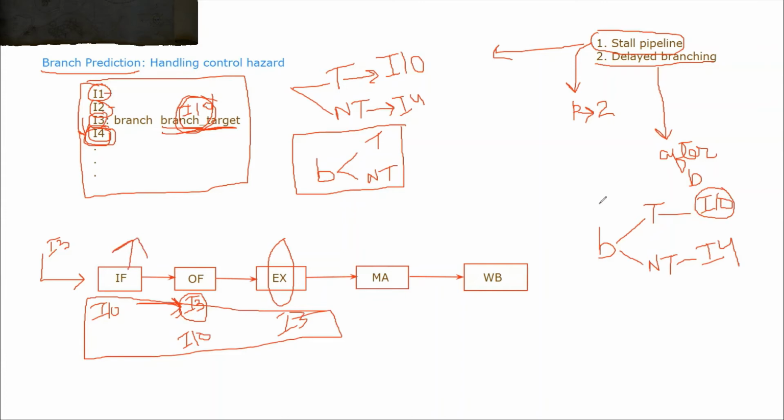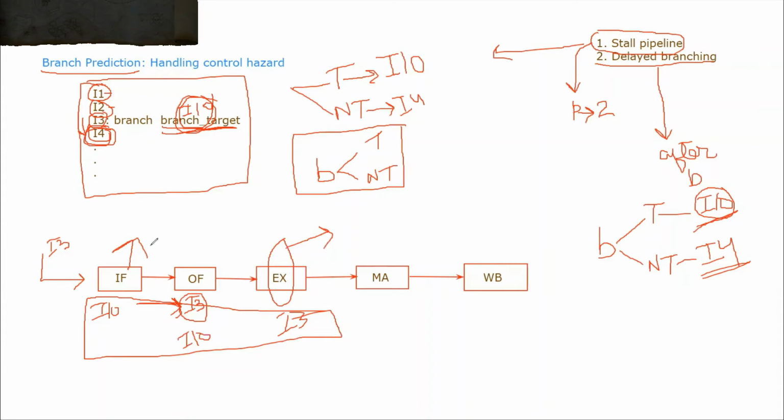If I know the outcome in the fetch stage, I will know whether the next instruction is I10 or I4. However, we don't know the outcome of a branch in the fetch stage. We know it in the execute stage only, not in the fetch stage.